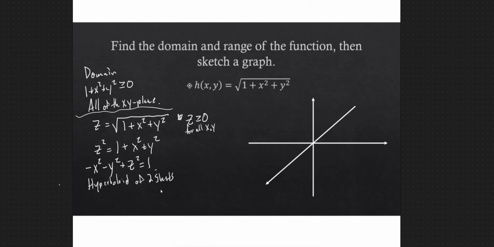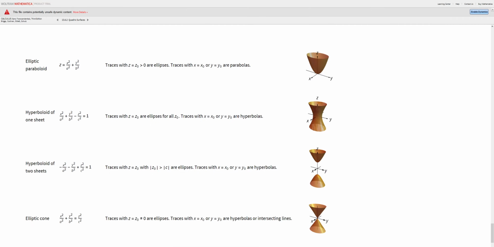It's not quite a hyperboloid of two sheets, but rather, because z is greater than or equal to 0, if we jump back to the hyperboloid of two sheets, remember that there are two sheets to that hyperboloid, right? There's an upper sheet and a lower sheet. This is not, as we talked about in the last video, the graph of a function of two variables.